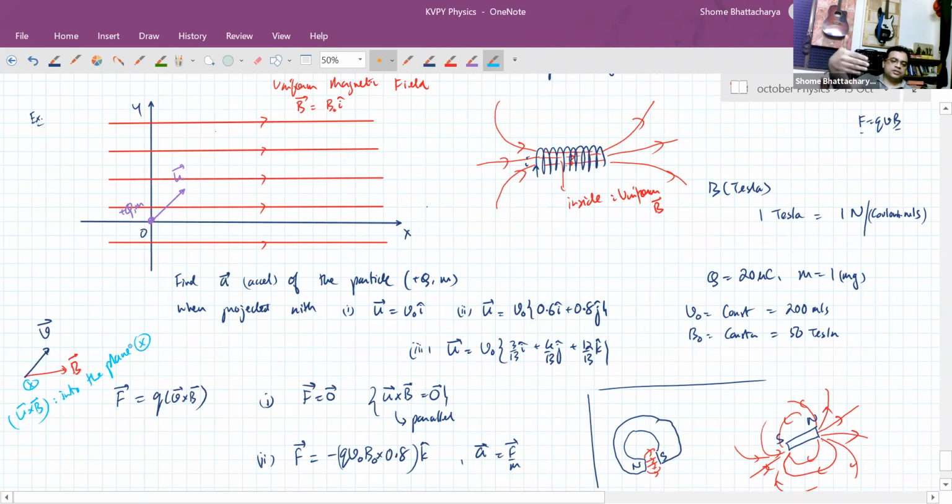You are seeing actually opposite of what it should be, but I'm pointing my thumb along V and my fingers along B. So for me, it's going into the plane the way I've done it. For you, it's the other way. Or you can use the cross product method also. So you can see it will be j cross i, which is minus k.